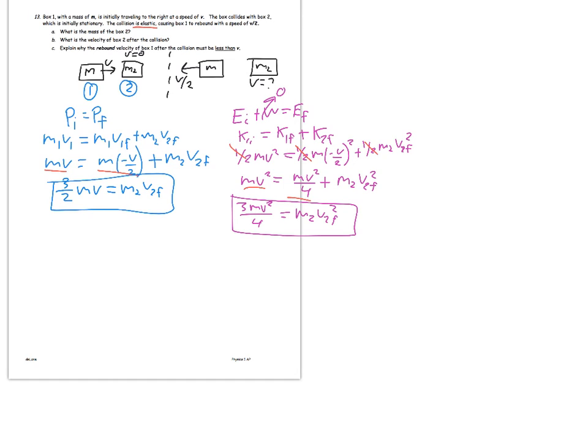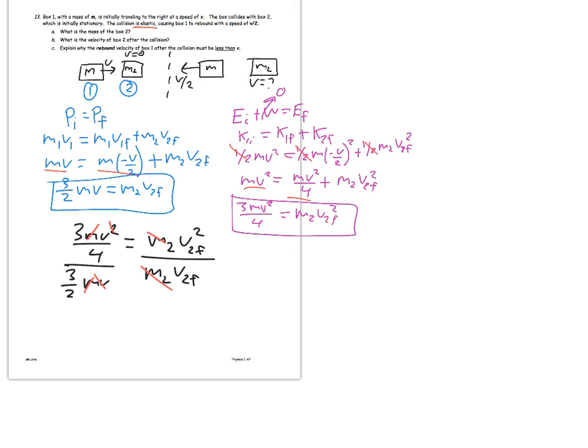There's a few ways to solve this. We just need to combine these two equations. What I'm going to do here is divide them, because when I divide this one by this one, a lot of things are going to end up canceling out. So we're going to have 3mv squared over 4, which is equal to m2 v2f squared. I'm going to divide that one side by 3/2 mv, and the other side by m2 v2f. Then the m's are going to cancel. One of the v's is going to cancel on both sides.